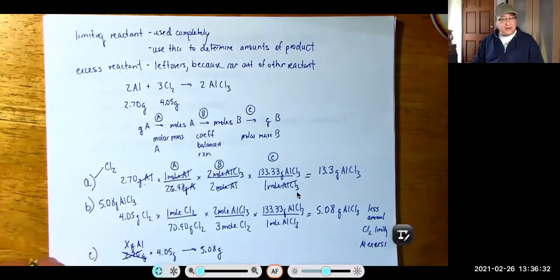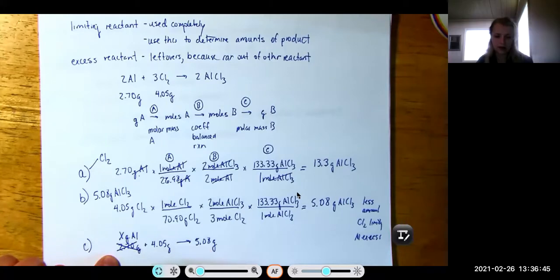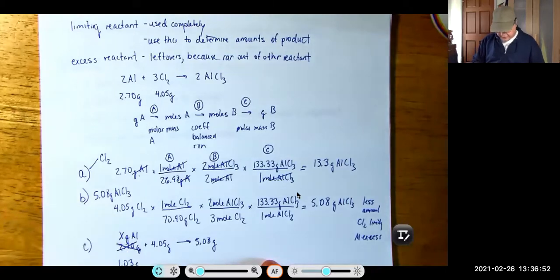How do we figure it out? The answer is, shouldn't this mass and this mass added together equal the mass of product? So you can see it's 1.03 grams of aluminum that are used, because that will add up to 5.08.